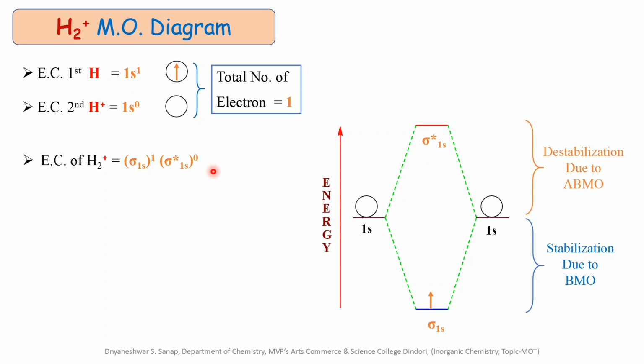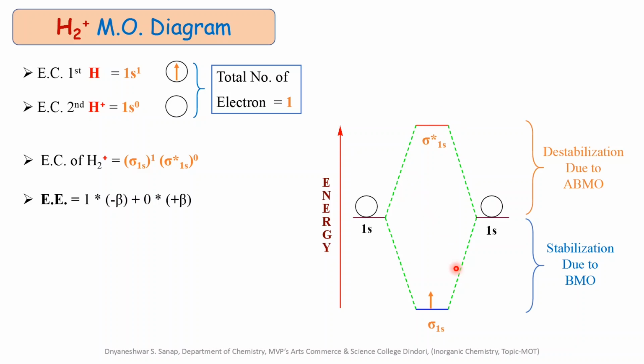Next point is calculation of energy evolved during the formation of the H2 plus molecule. The energy evolved during the formation of the molecule is calculated using the formula: number of electrons in the bonding molecular orbital into minus beta, plus the number of electrons in the antibonding molecular orbital into plus beta.